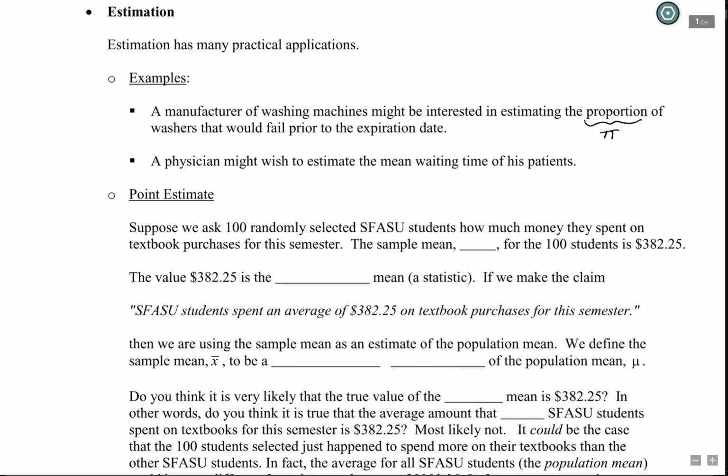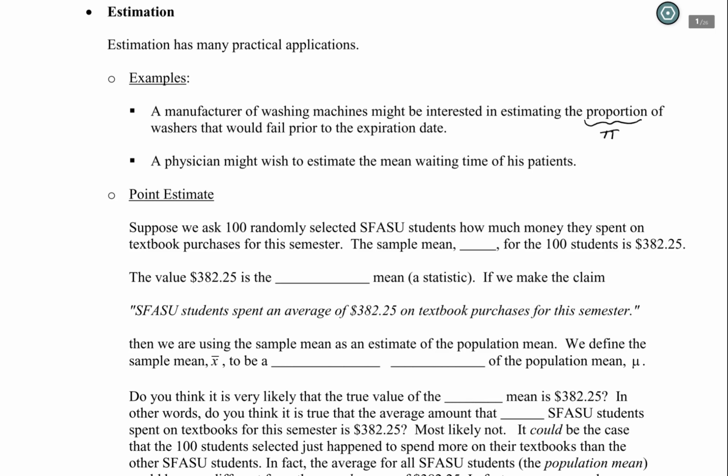It's that proportion, pi, and the manufacturer would like to know something about that, because then they could have a better sense of how long the warranties they sell should be and how much they should charge for the warranty, and this sort of thing.